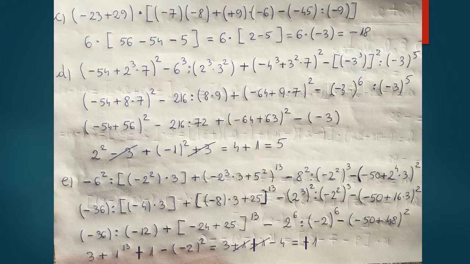So we have 2 to the power of 2 minus 3 plus minus 1 to the power of 2 plus 3, which is equal to 4 plus 1, which is equal to 5.